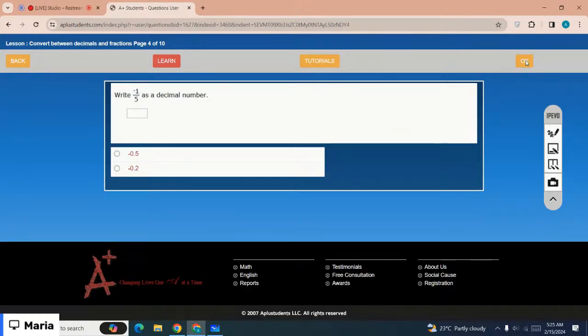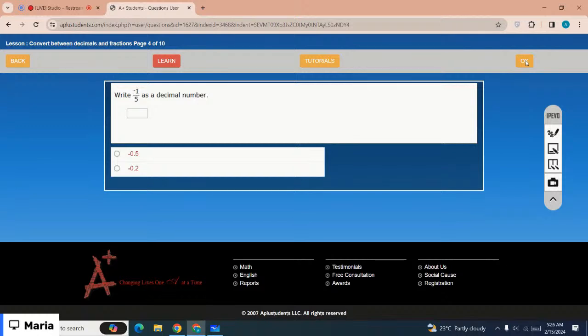The next one is: write negative 1 over 5 as a decimal number. So which is the correct option? You need to write it as a decimal, right?